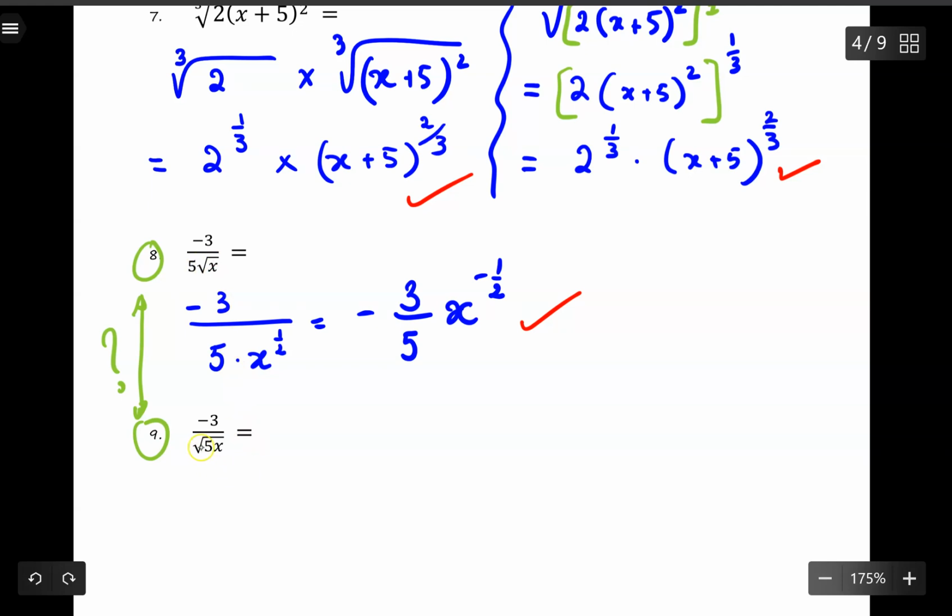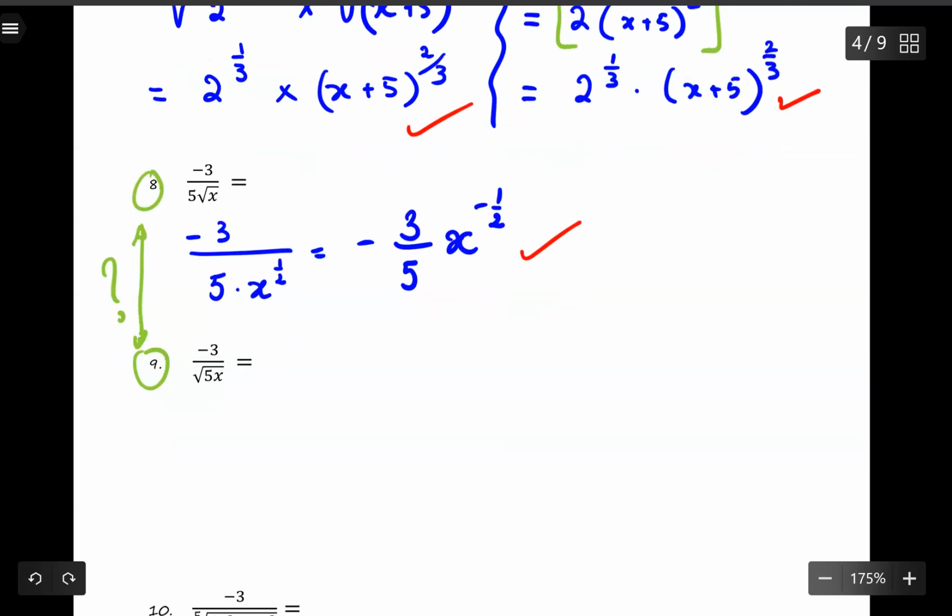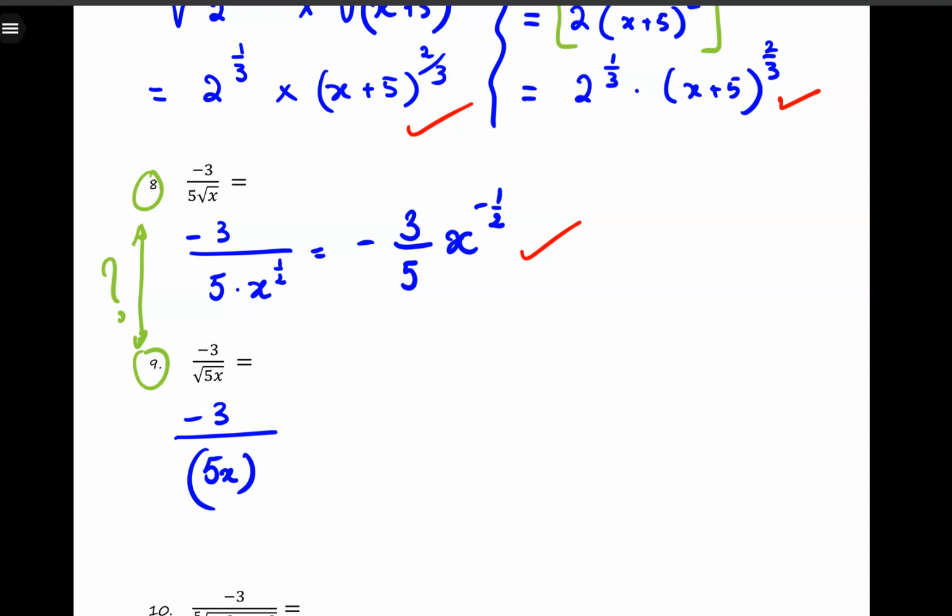In this case, you have the square root of both of the 5x. So again, the same step that I ask everyone to try: you are going to analyze your denominator before you do anything else. So you can write it as 5x, all of it, to the exponent 1/2.